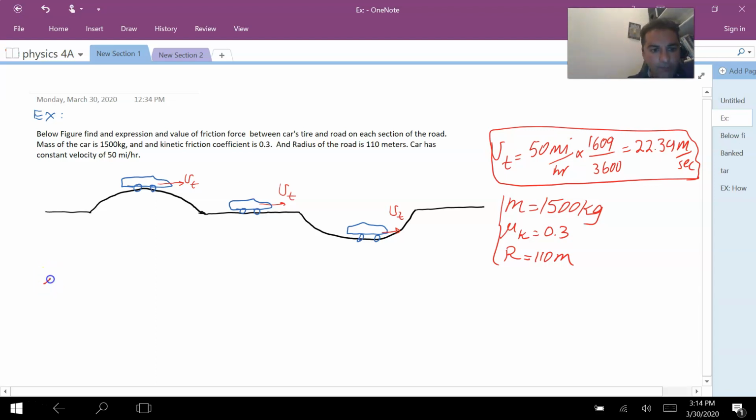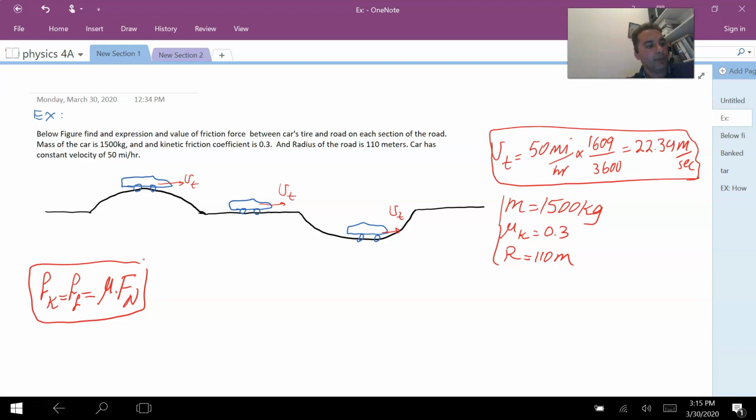We know the friction force equation, or Ff. Is it not mu Fn? Yes, it is. Oops, sorry. This is Fn. Sorry, friction force is mu Fn. Now we have to work on Fn, correct?